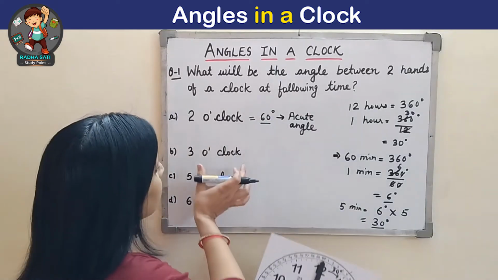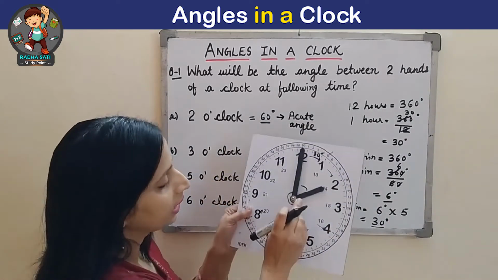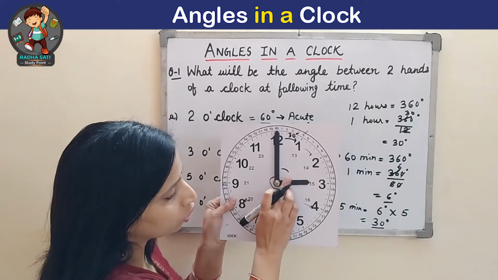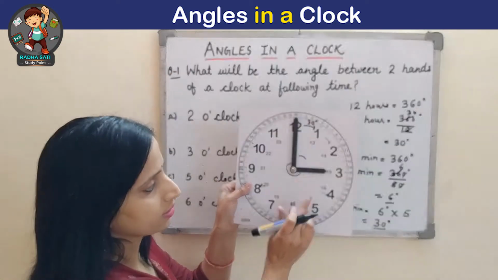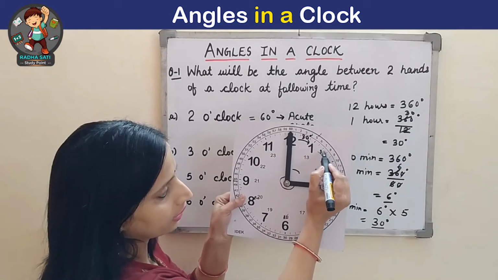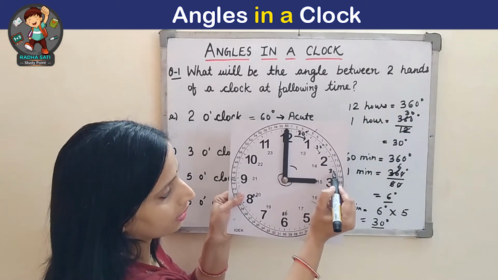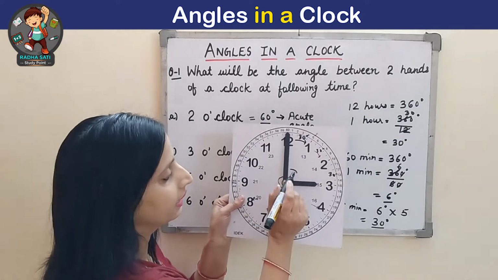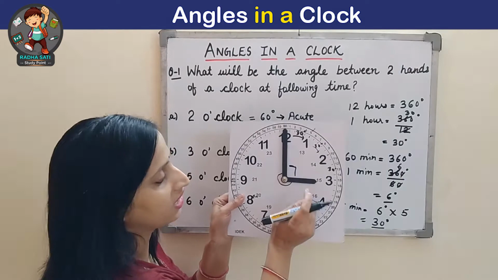Now the second is 3 o'clock. At 3 o'clock the hour hand will move from 2 to 3. Now the angle formed will be 30, 30 and again 30, meaning 30, 60 and 90. So it will be a right angle.